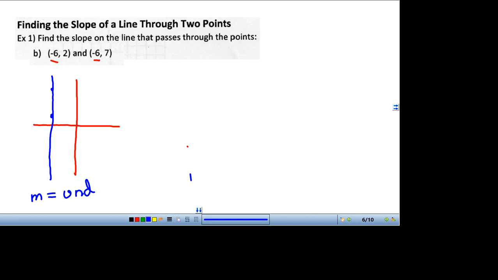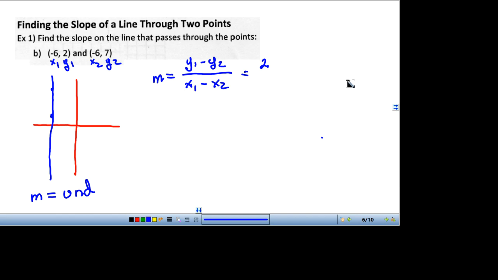But what if I didn't realize it was a vertical line? Well, you can calculate it. Not a big deal. So what you do, again, label your points. x1, y1, x2, y2. So m equals, and I'm just making this up, I'm going to choose the one that I like, y1 minus y2 over x1 minus x2. Plug it in.